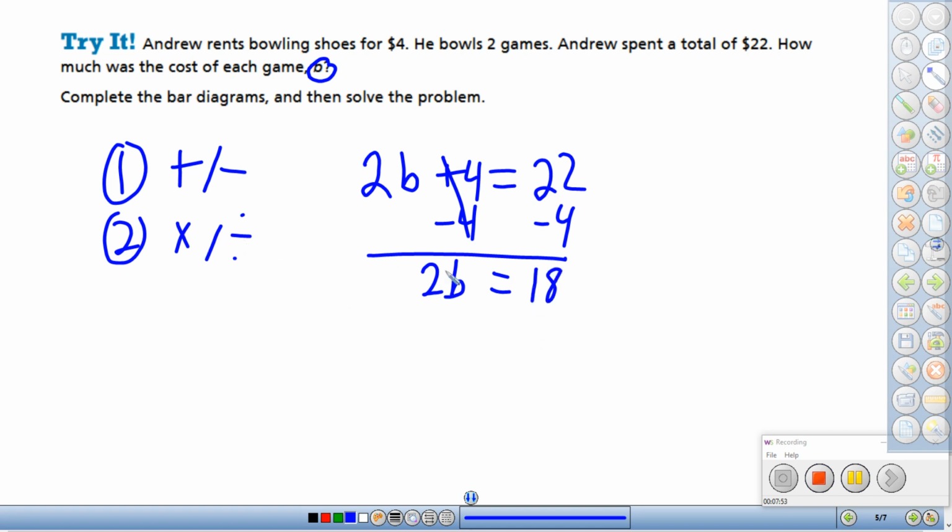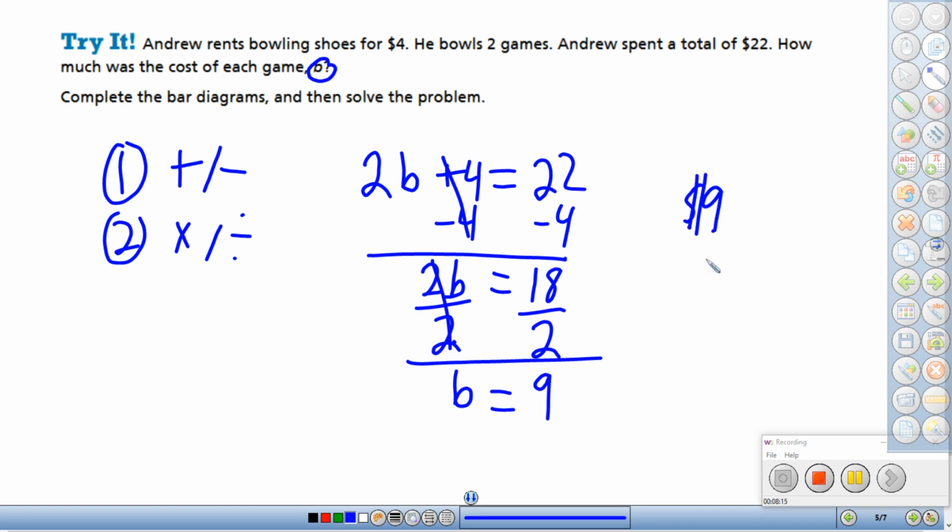Now our second step, this is 2 times b, which means we'll divide by 2 on both sides. 2 divided by 2 gives us just b, and 18 divided by 2 gives us 9. So it costs $9 per game for the bowling.